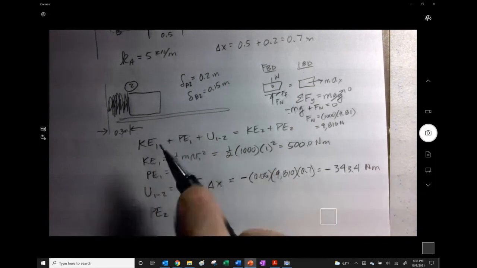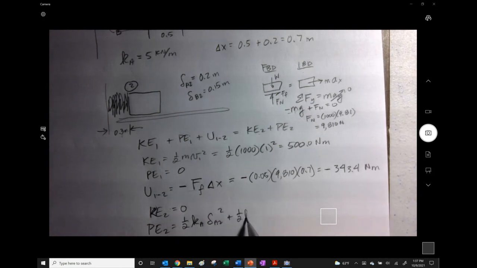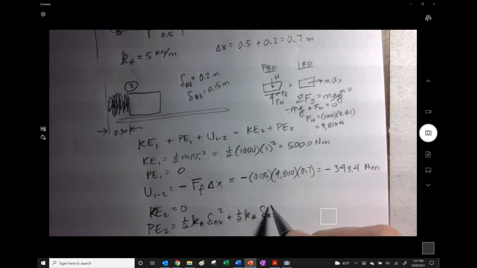And then the potential energy at state, oh, no, I go kinetic energy. I'm going to go kinetic energy, going in order. The kinetic energy at state 2 is 0 because it's when it's going to stop, right? And then the potential energy at state 2 is going to be from both of the springs. So we got 1/2 K A del A2 squared plus 1/2 K B, that's the thing we're going to try to find, del B2 squared.